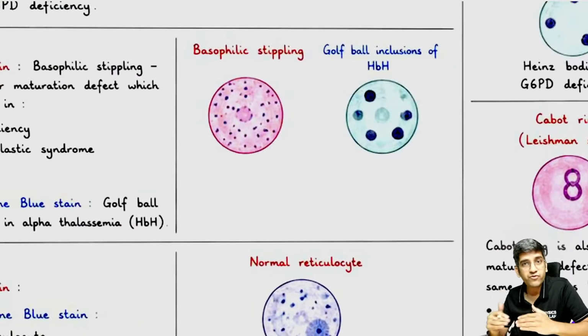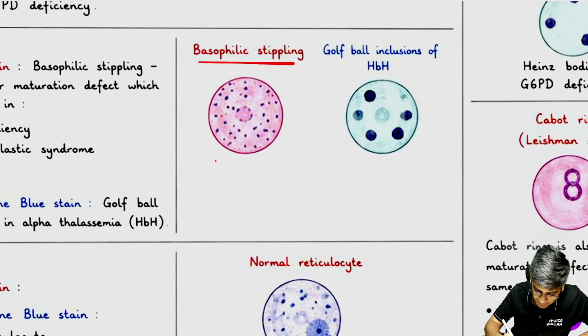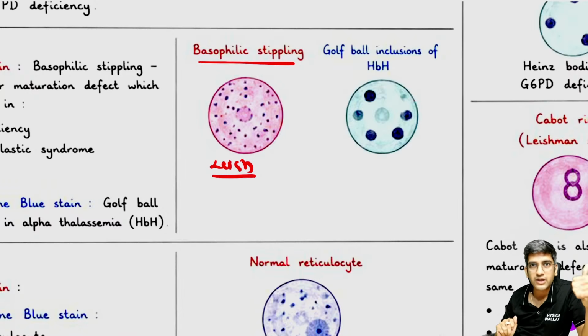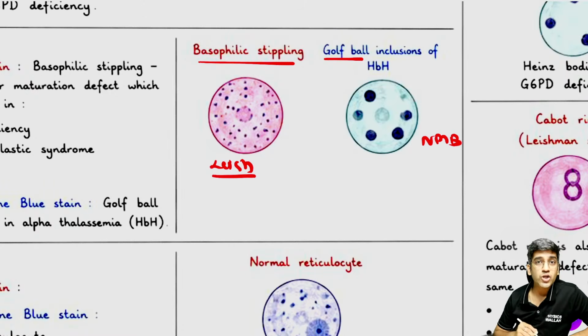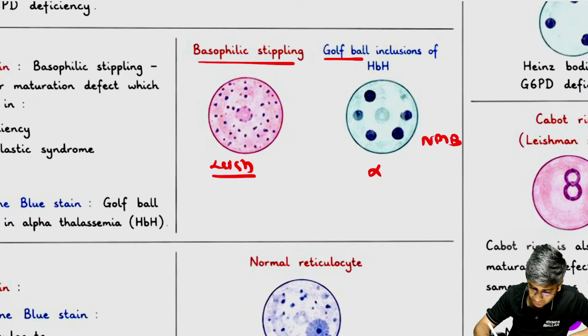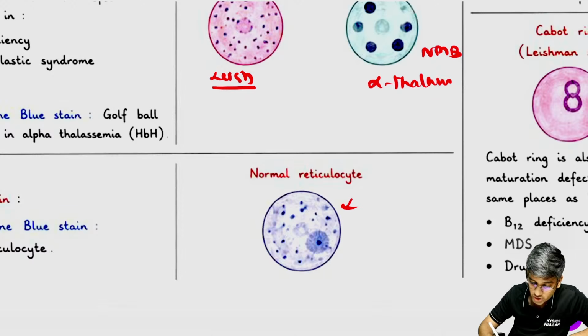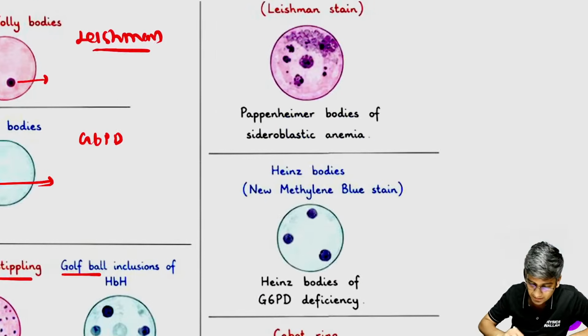If you have uniform multiple inclusions in Leishman, that's basophilic stippling, seen in megaloblastic anemia, drugs, and myelodysplastic syndromes. If you have uniform inclusions in new methylene blue staining throughout the RBC, it's the golf ball inclusion seen in alpha thalassemia. If it's non-uniform, irregular inclusion in new methylene blue stain, it's a normal reticulocyte.